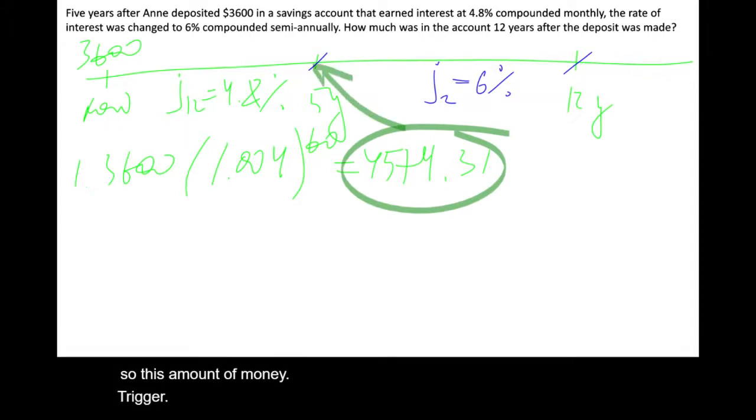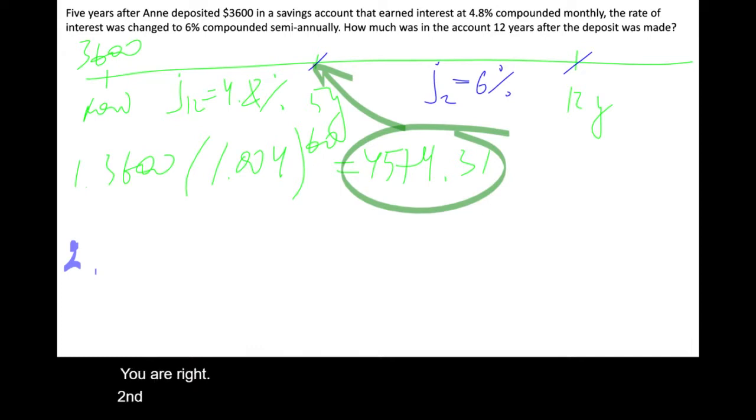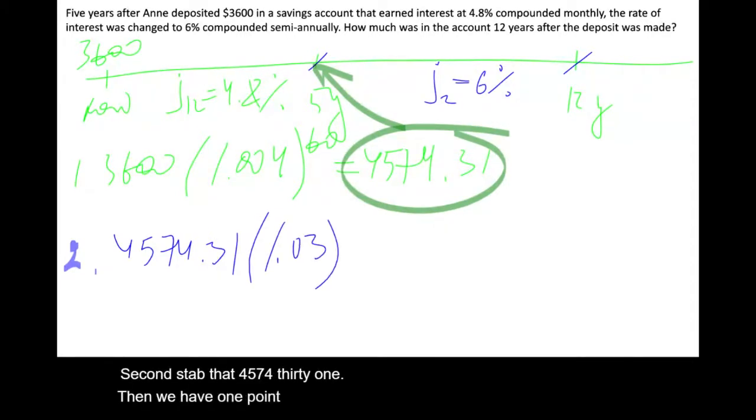Now we take the second step. Second step, 4574.31, and we have 1.03. So 12 minus 5 is 7 years times 2 is 14.